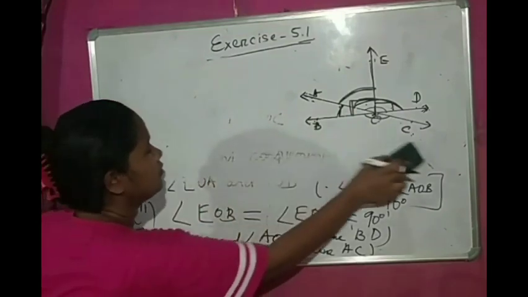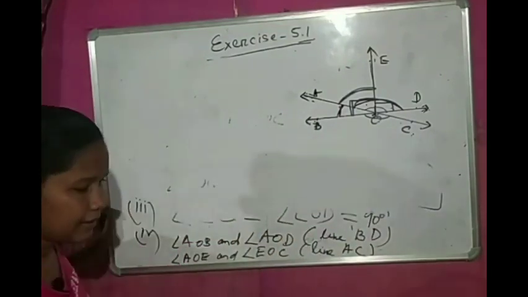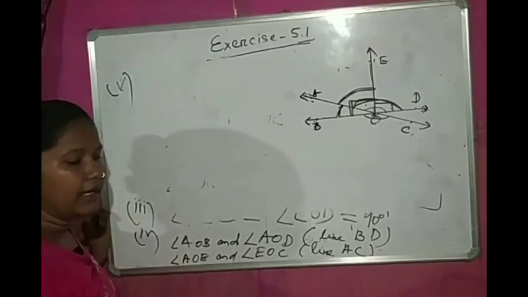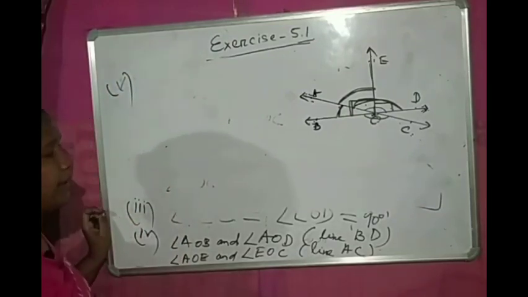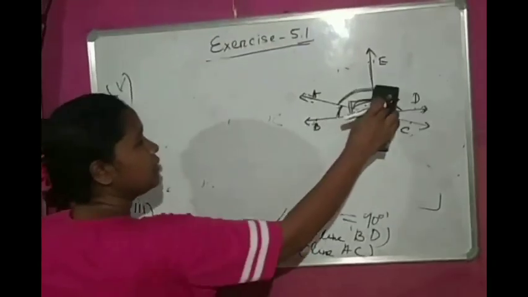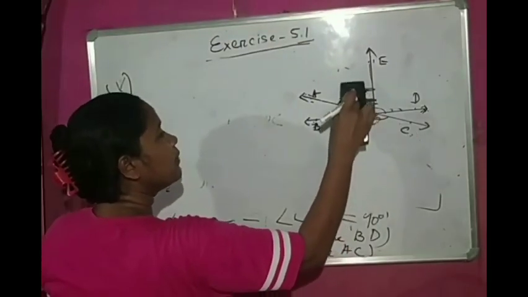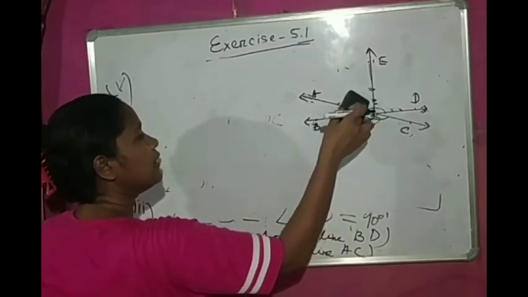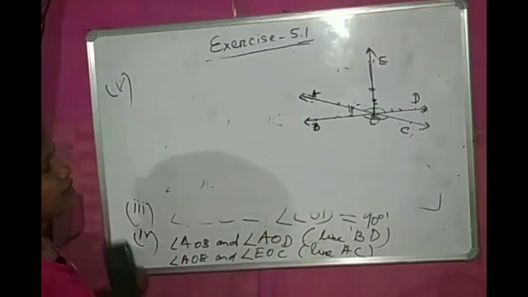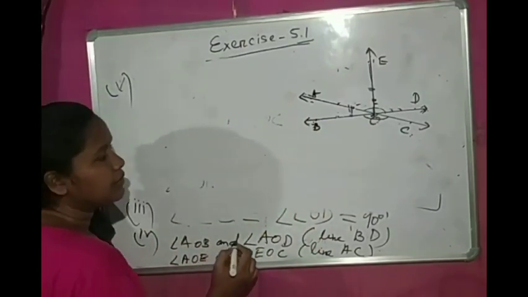Next move to V. Adjacent angles that do not form a linear pair. So we have to find adjacent angles that do not form a linear pair. Look here, which one is not forming a linear pair? They are adjacent but they are not forming a linear pair.